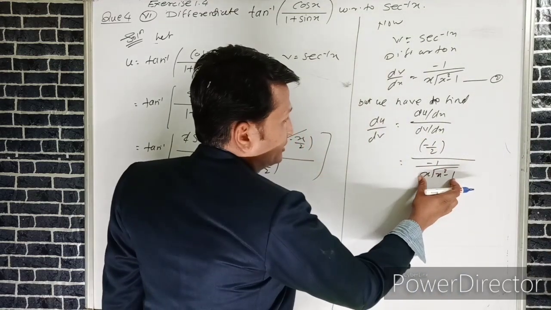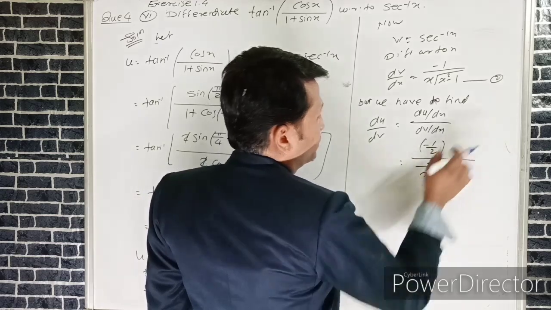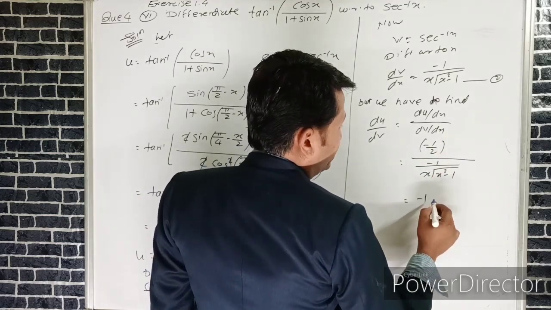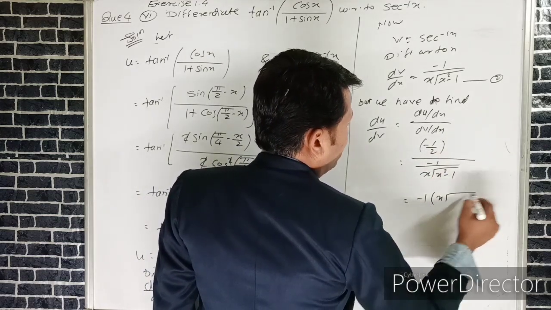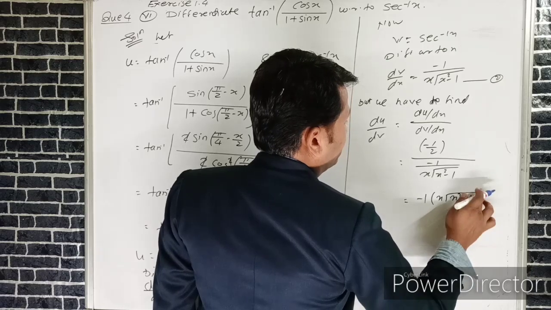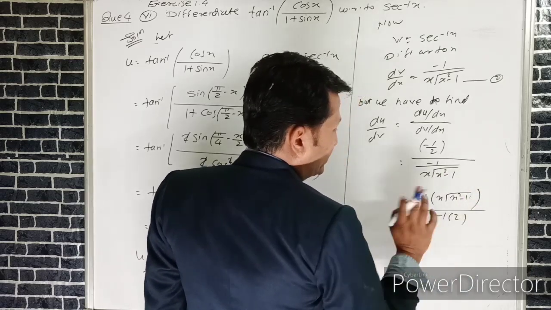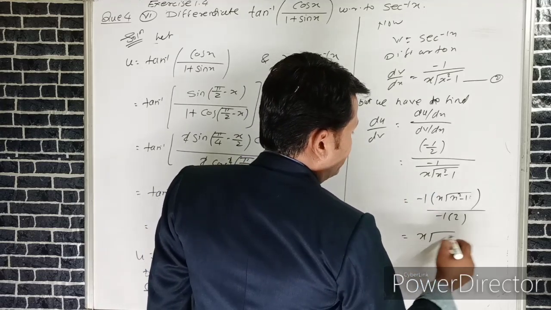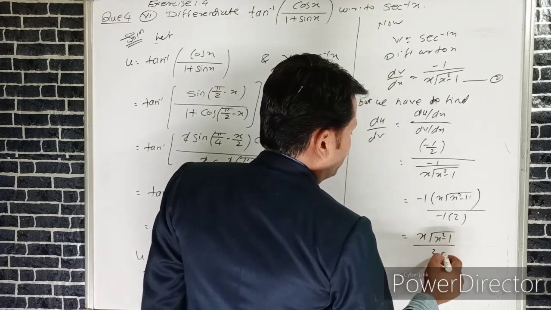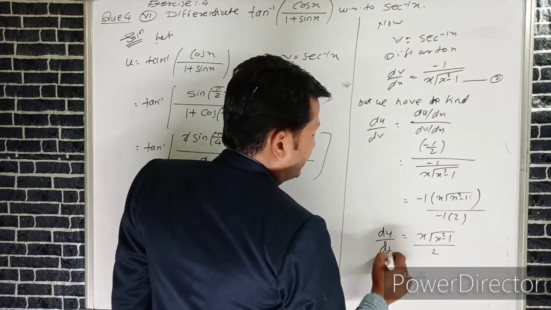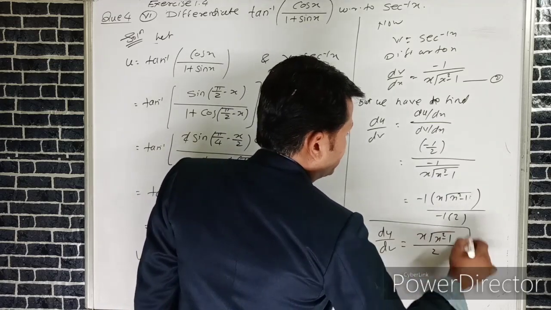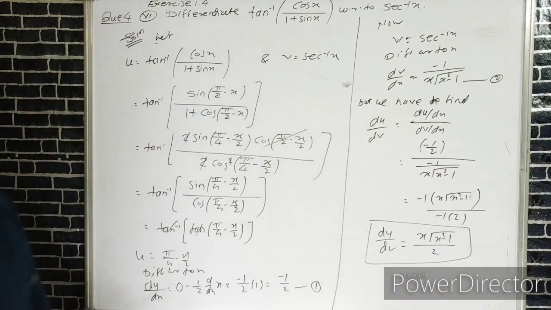If we take this x under root of x square minus 1 to the numerator, we can write minus 1 into x under root of x square minus 1 upon minus 1 into 2. Minus minus is plus, so we can write x under root of x square minus 1 upon 2, which is the required derivative of u with respect to v, meaning du upon dv is equal to x under root of x square minus 1 upon 2.